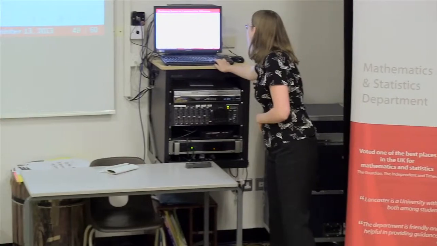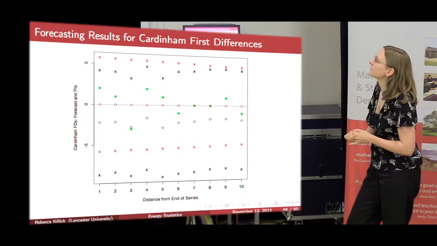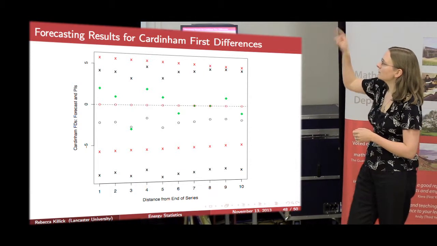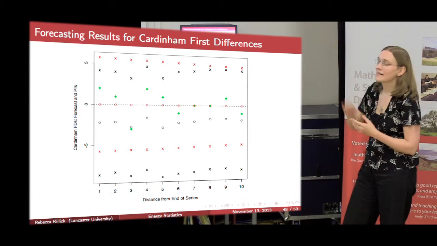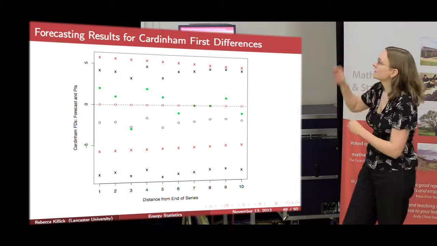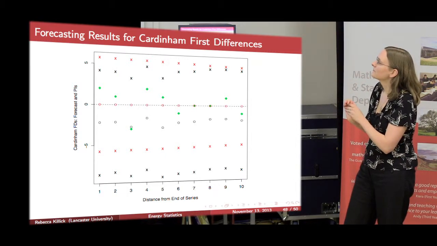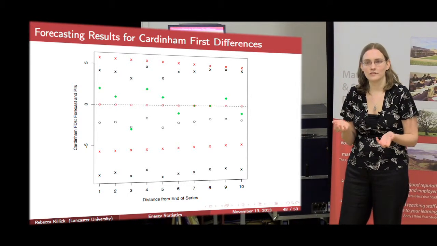So if we apply our method to that, the truth here is in green, the green squares, diamonds. The red is our method, so the open circles are the actual point estimates and the crosses are the confidence intervals. And then the black one is what happens if you assume that things are constant over time.